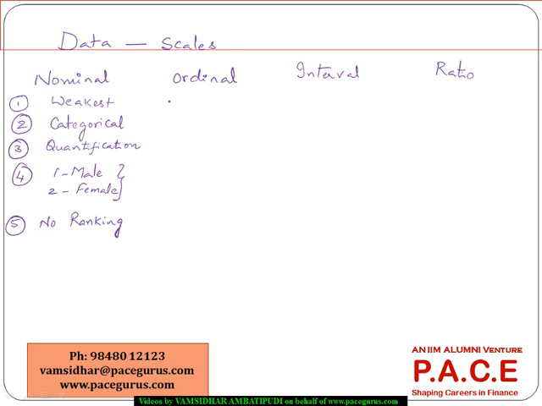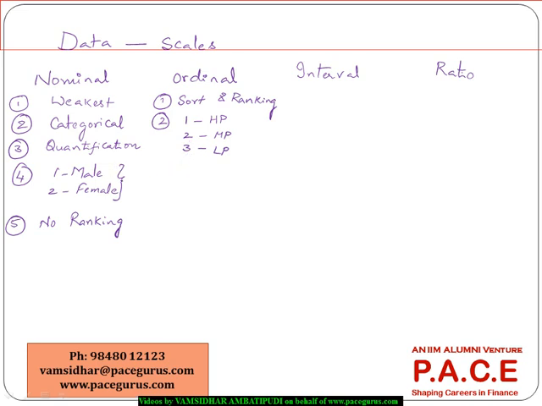But when I move slightly towards an ordinal scale, again here I am talking about sorting the data as well as ranking it. So probably if I say 1 is high performing, 2 is medium or moderate performing, 3 is low performing, then the 1, 2, 3s I have given have an order to them, a ranking to them.